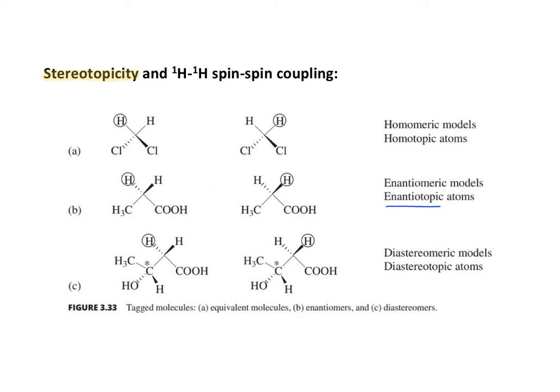However, in the case of 3-hydroxybutanoic acid, which now contains a chiral center, the hydrogens at the methylene group are diastereotopic.